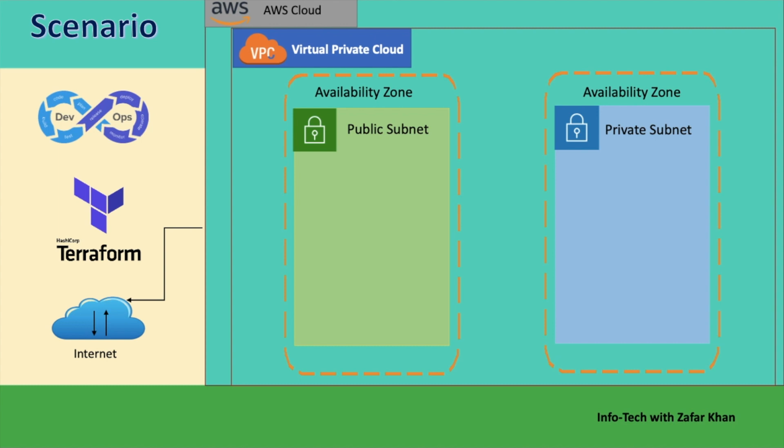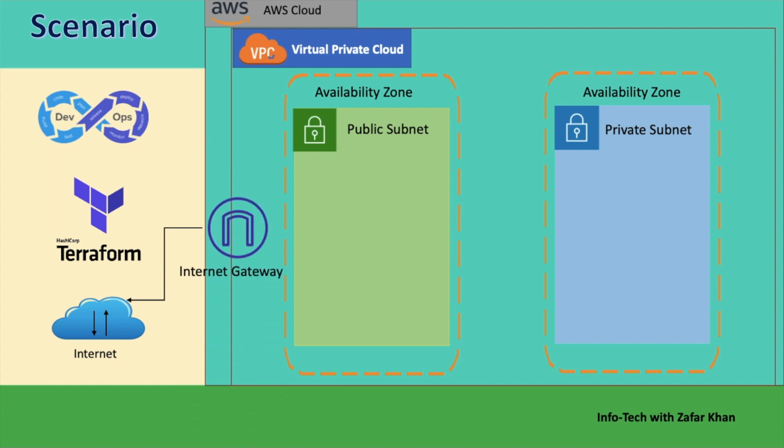An AWS security group acts as a virtual firewall for EC2 instances to control incoming and outgoing traffic. Both inbound and outbound rules control the flow of traffic to and from the instances respectively.